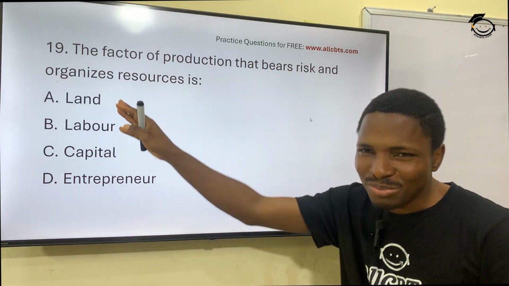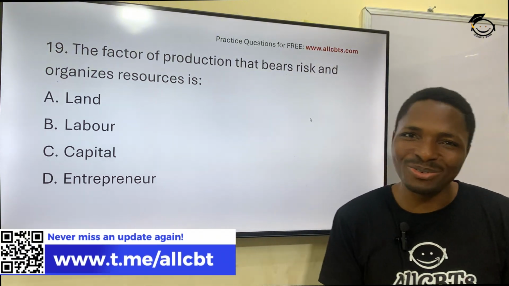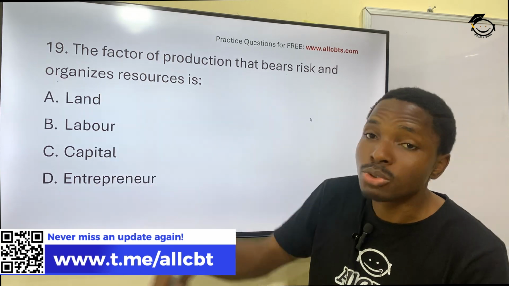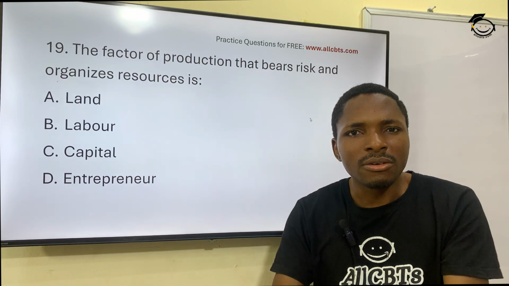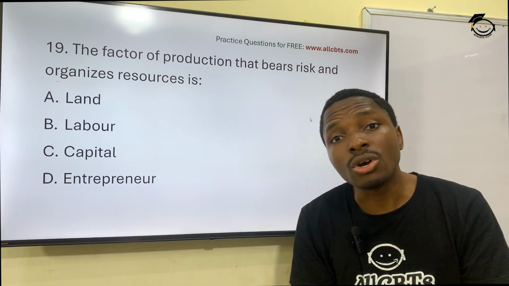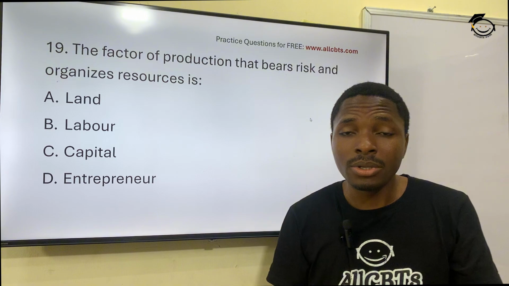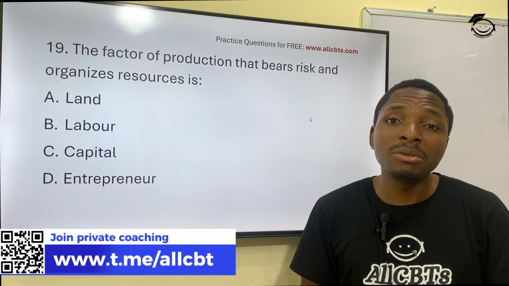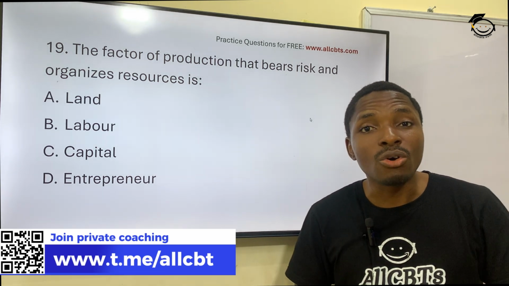Okay, what are the factors of production anyway? They are things that come together to make sure there is production. Simple. Don't allow too much grammar to spin your head. All these things must come together to make sure that there is production. You need land, a property, an office space to run a business, right? Either you're using your house or a shop or a container or anywhere. What about labor? Somebody has to do the job. It could be you. You can be running maybe a simple hairdressing business or wig selling business on WhatsApp.